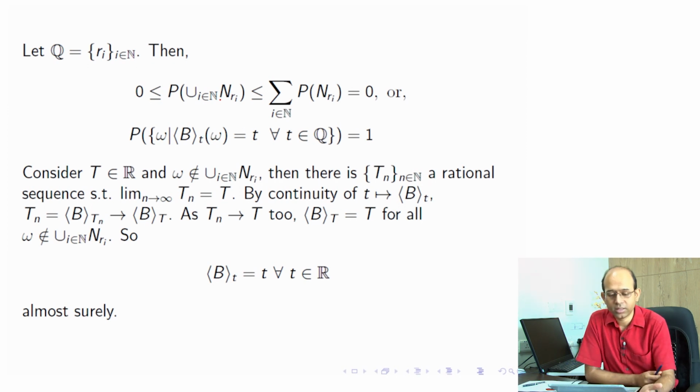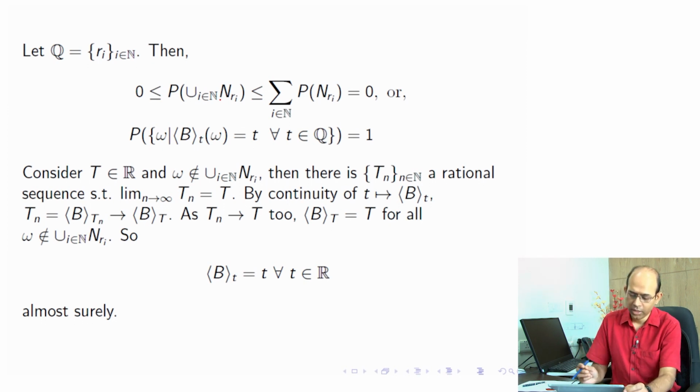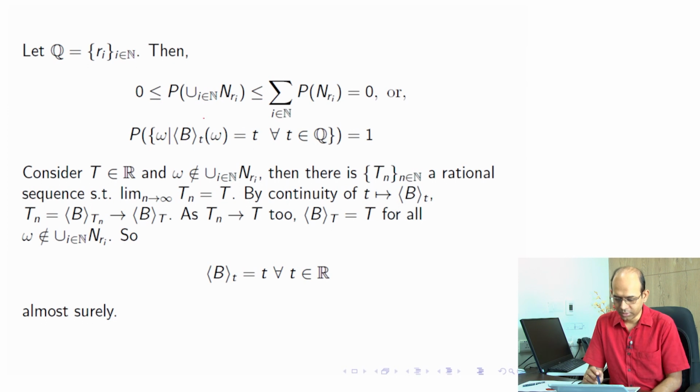However, rational numbers are very useful here. Why did we choose them? We chose rational numbers because they are dense in R, so every real number can be approximated by rational numbers. Here we are rewriting what we have obtained, that Bt is equal to T for all T in Q, with probability 1. Now we fix a capital T in R, and choose omega which is not in this zero measure set.